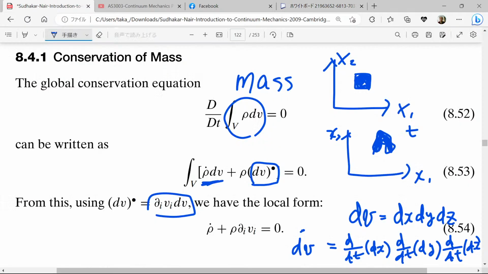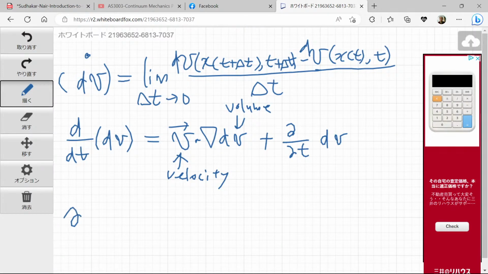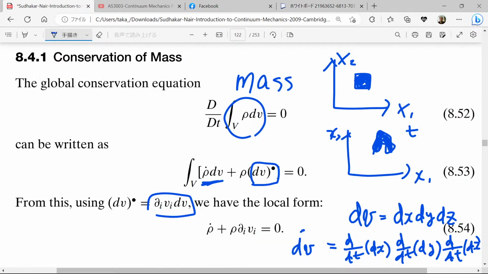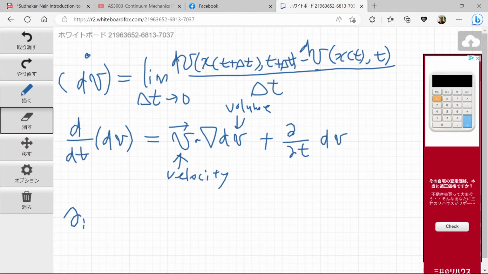So what is this? Partial i, partial i vi, dV. What is this?